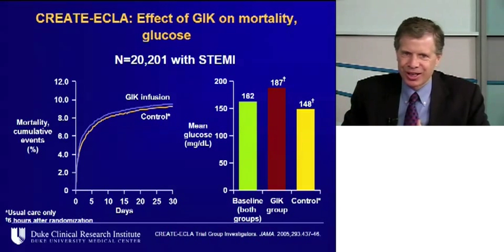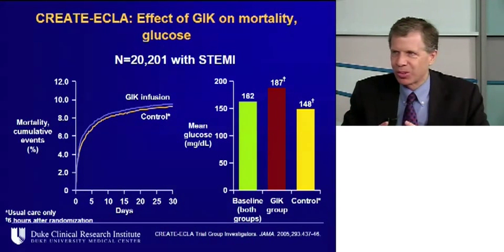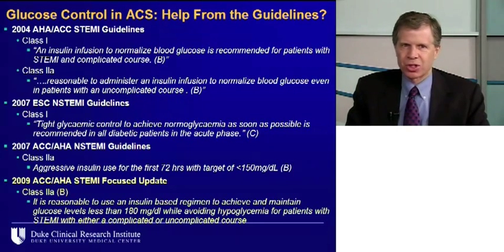And the early GIK overview with the small trials evaluating whether glucose, insulin, and potassium might improve outcome following MI suggested that it might. But then, in fact, the large studies, the CREATE and ECLA GIK studies, showed really no benefit at all of the GIK approach. So this made people then less enthusiastic.